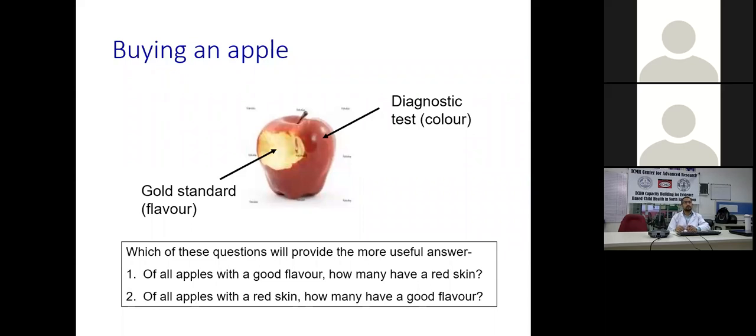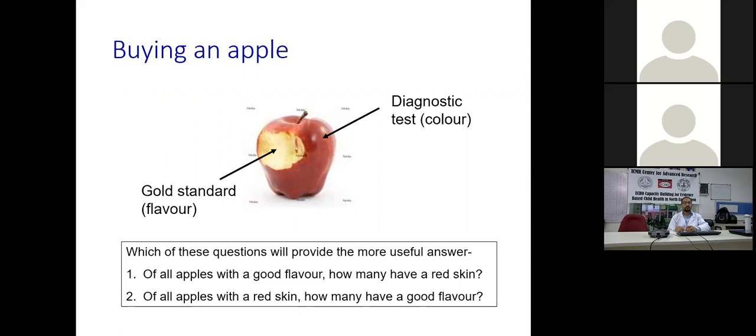Now, at the time of taking the decision of which apple you should buy, which of these questions will provide the more useful answer? The first question is, of all apples with a good flavor, how many have a red skin? The second question is, of all apples with a red skin, how many turn out to have a good flavor?